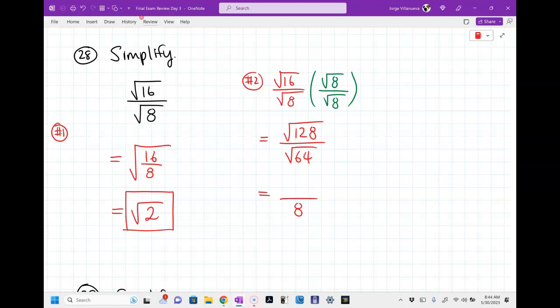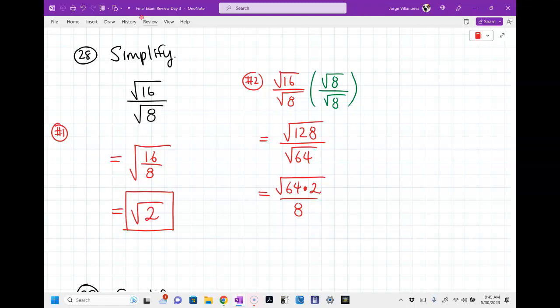Give me a second. I'm trying to break down this number here. 128 is 64 times 2. And the reason why I'm doing that is because remember, when you're trying to simplify square roots, you have to make sure that you write it in 2 factors. One of them should have a square root at least, right?